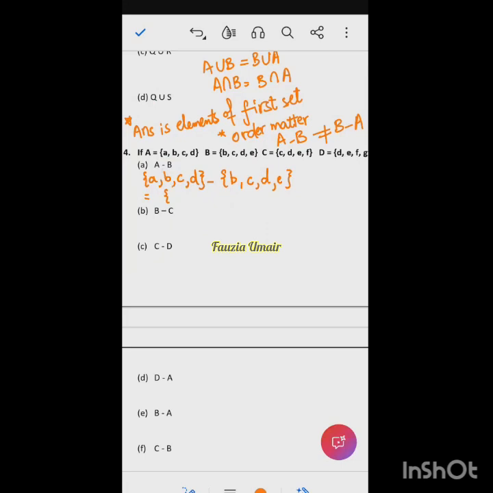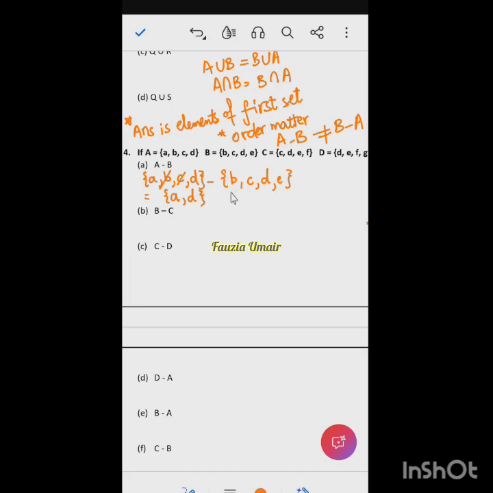B, C, D. So why B, C, D and why not A? Because there is no A in B, so A will come in the answer, right? A will remain in the difference because A is not subtracted by B. So B and C will be gone. Why? Because they are in B, and just think of B as a filter, so B and C will be stopped by this set B, right? So A will come in the answer and then D will also come in the answer.